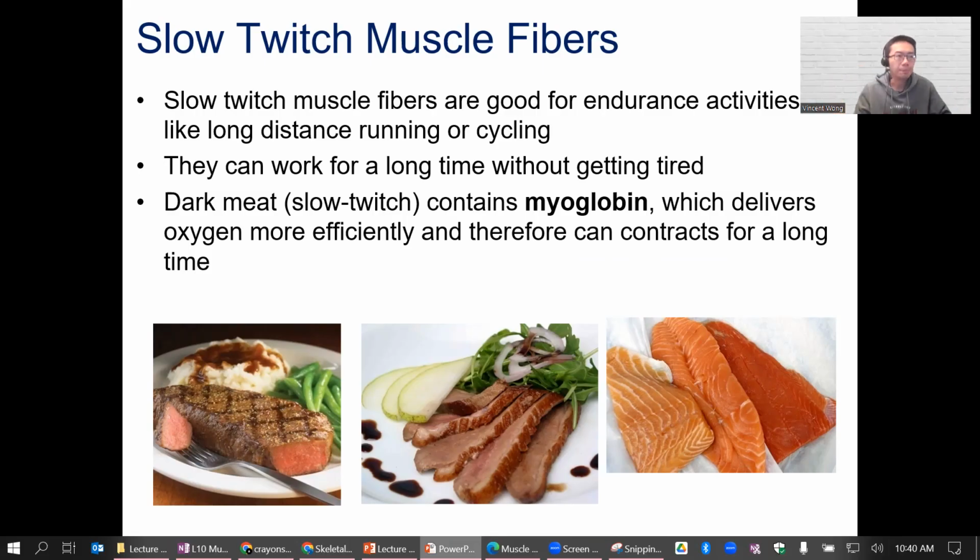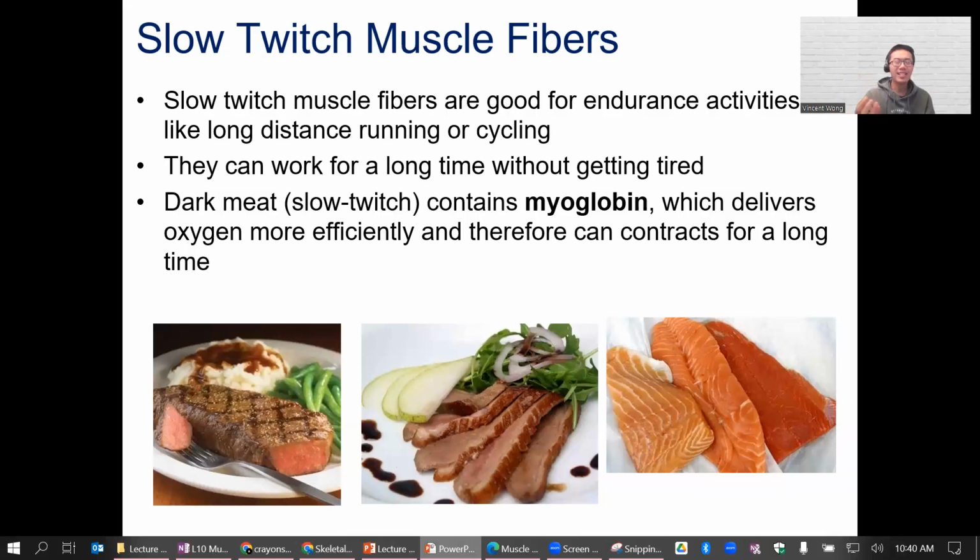Okay, so slow twitch fibers, they contract slowly. Okay, they are not very good at producing bursts of energy. They don't create a lot of force. But they have endurance. They are good for contracting for a long time, and you're not going to get tired from it.